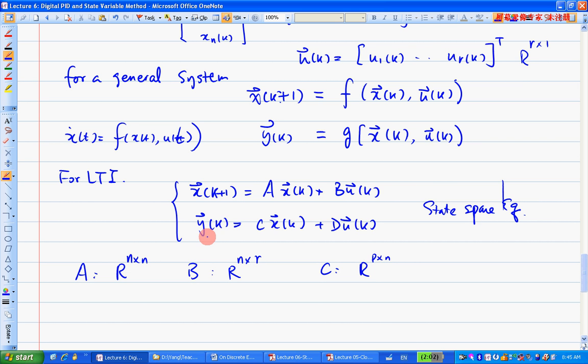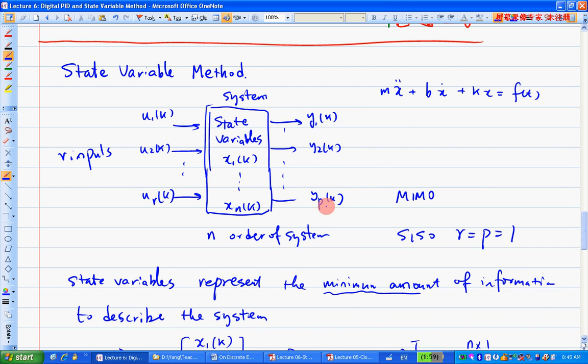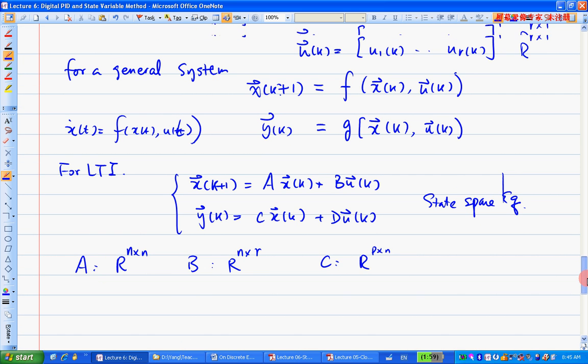Why p by n? Because there are p number of outputs here. So p by n multiplied by n by 1 gives a p by 1, which is the size of the output vector.